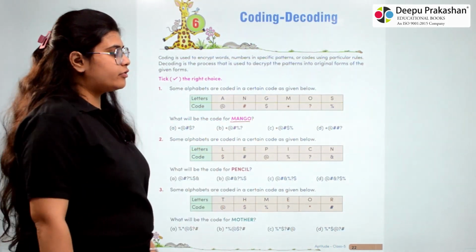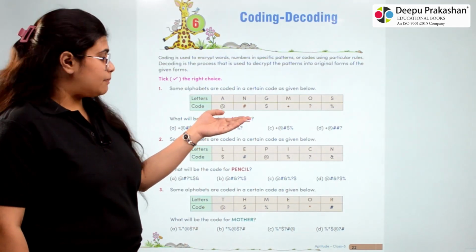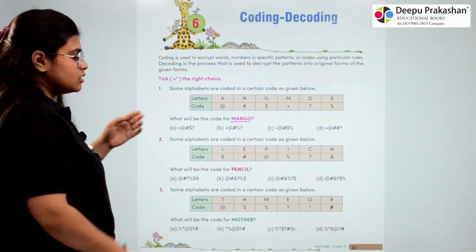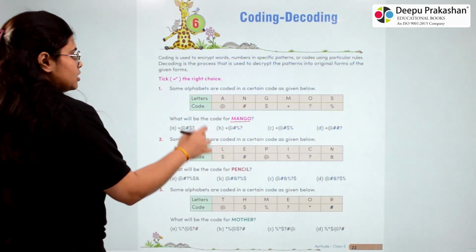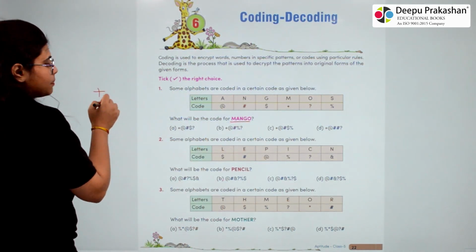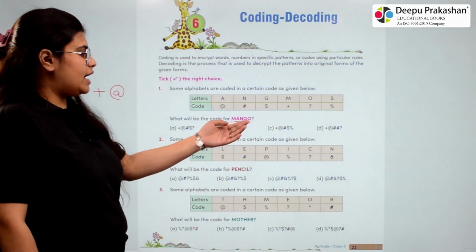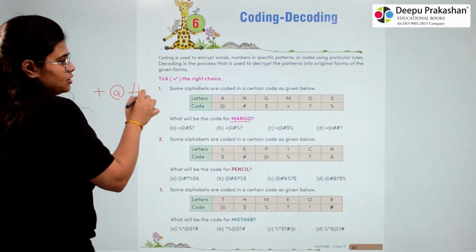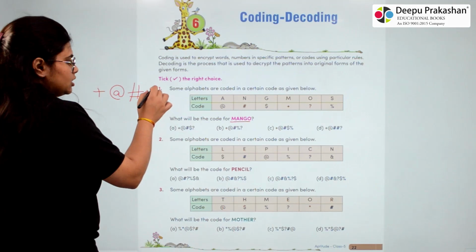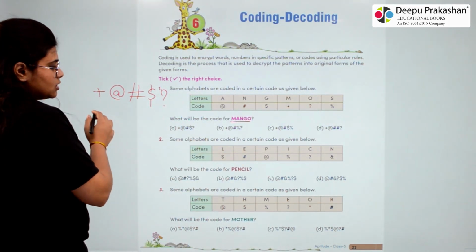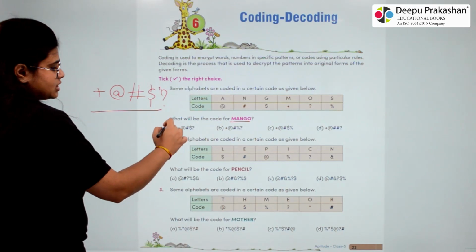That means we have to code mango with the codes given above. M stands for plus, A stands for @, N stands for hash, G stands for $, and O stands for question mark. So this same order is present at A.